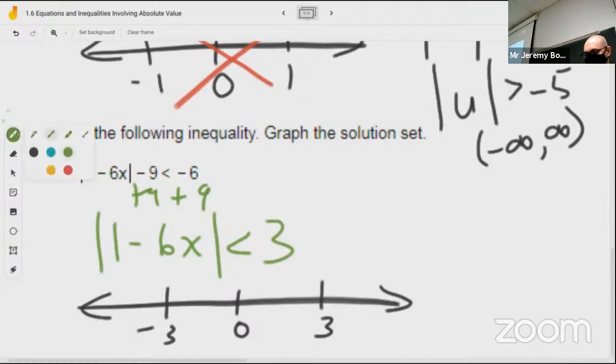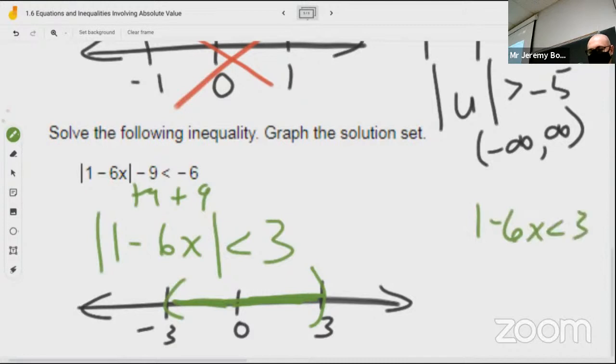It's going to be an upper and lower bound because it's traveling less than 3 units in either direction. So this is going to be 1 minus 6x is less than 3, and it's greater than -3. Ooh, what's going to happen there? That's fun. So any questions on setting that up?